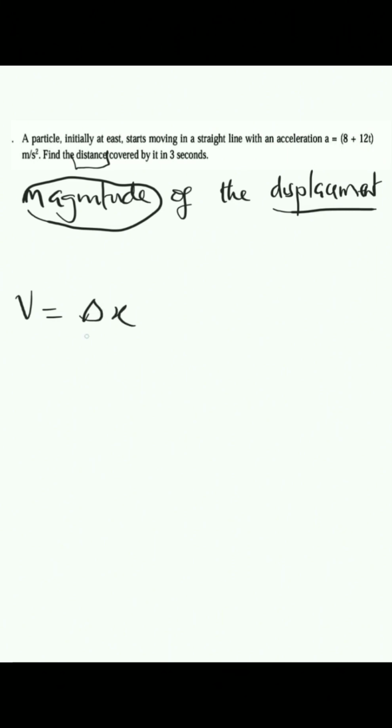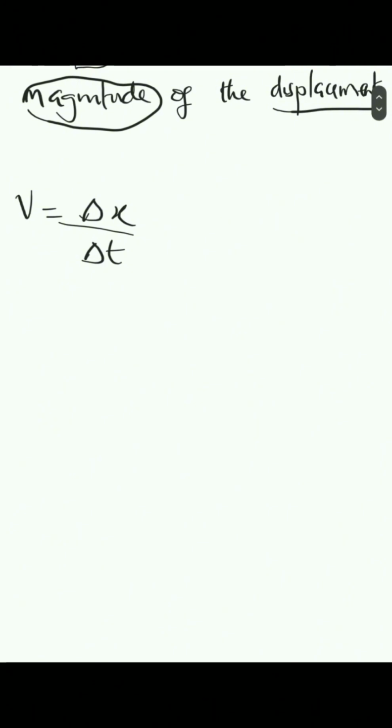Now we know velocity is the rate of change of displacement, where we divide displacement over time, and if it's given as a function, it will be the derivative. We're going to differentiate x with respect to time, where x represents the position.